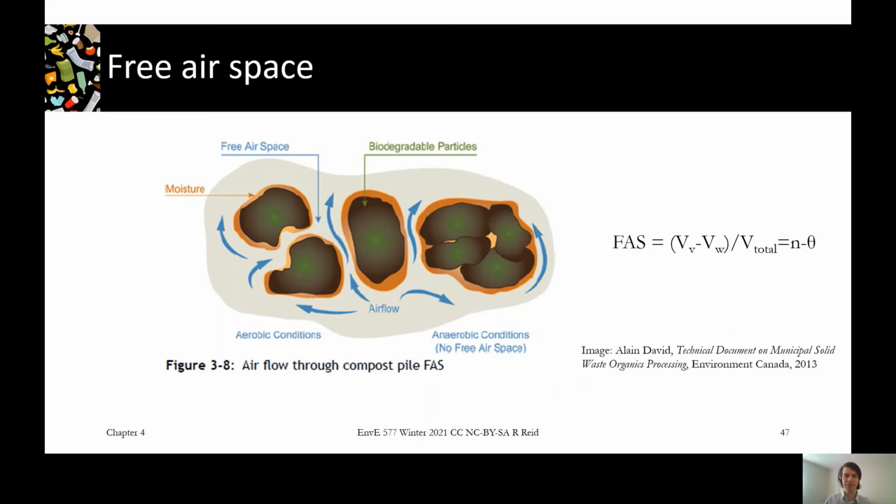So free airspace is what we really want to have in our pile, and that's roughly approximated by the bulk density. And you can see in the picture here, we've got our little chunks of organic material, and it's really the surface area contacting that oxygen that lets the compost process happen. And that's what we want to optimize through all the ways we have our compost processes running, getting lots of air down to our particles where our microbes are doing the work.